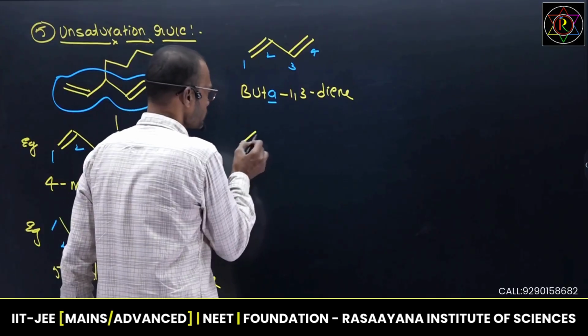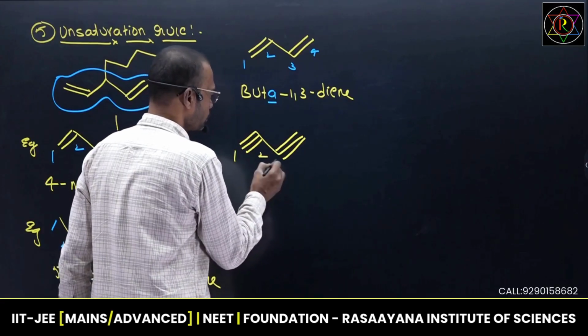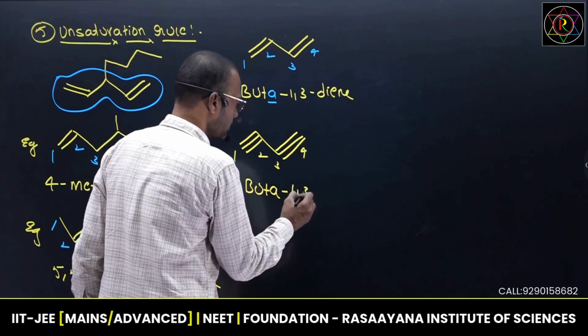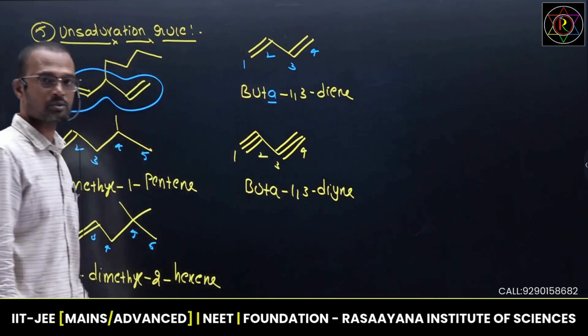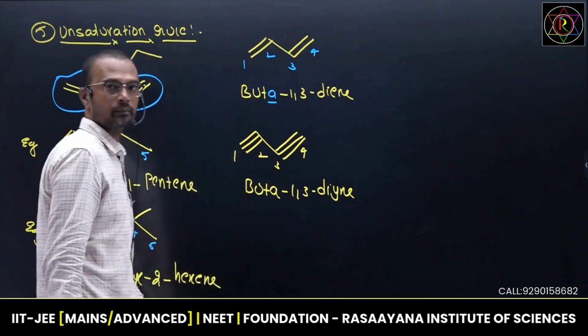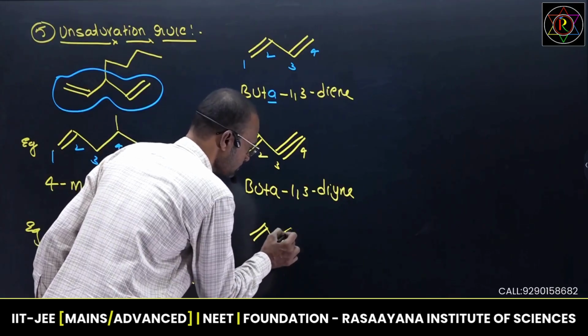Okay. Suppose a triple bond is present. Now same, 1, 2, 3, 4. Buta-1,3-diene. Now it becomes a diene. So buta-1,3-diene. If any substituents are present in this case, you can write like this.